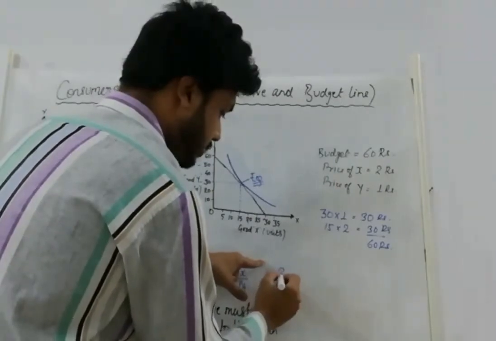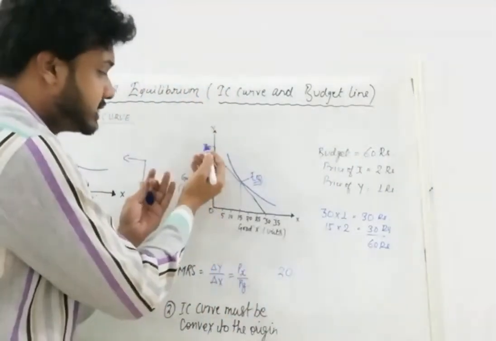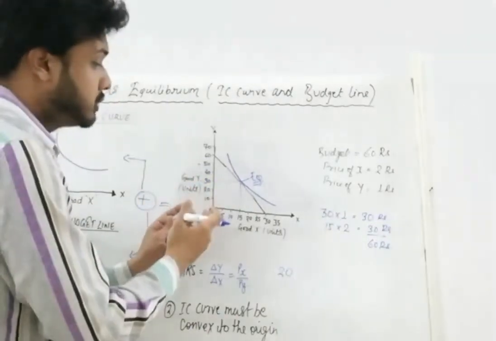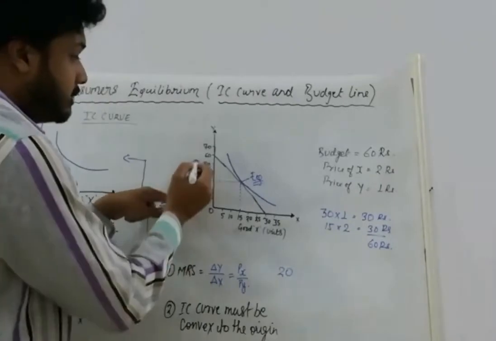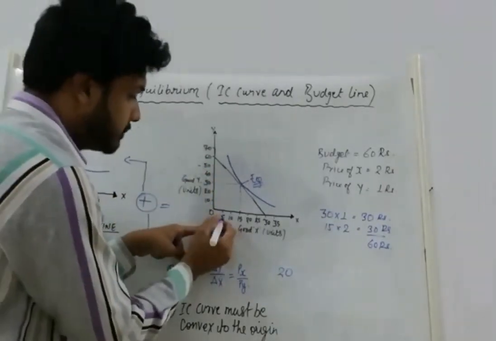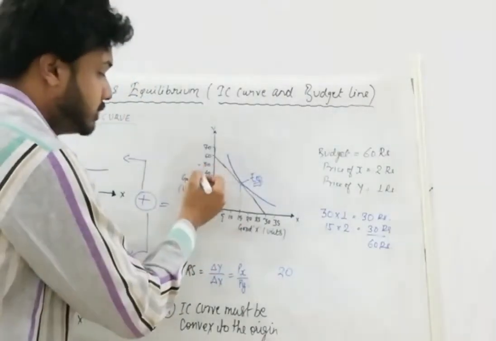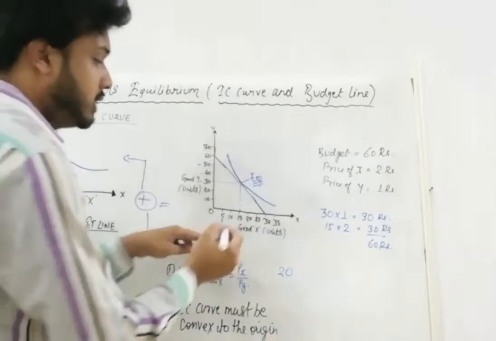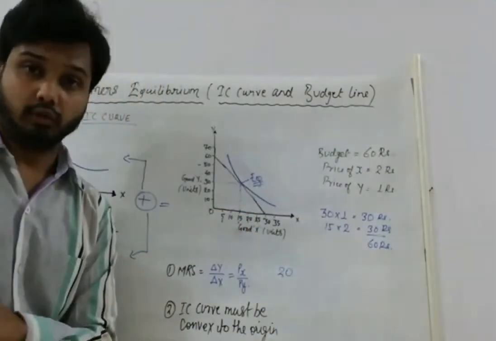Clear? Why are we purchasing less of Y? So that we can purchase more of X. Earlier when we were purchasing 50 units of Y, we purchased only 5 units of X. But when we reduced the consumption of Y, we increased the consumption of X to 15 units.